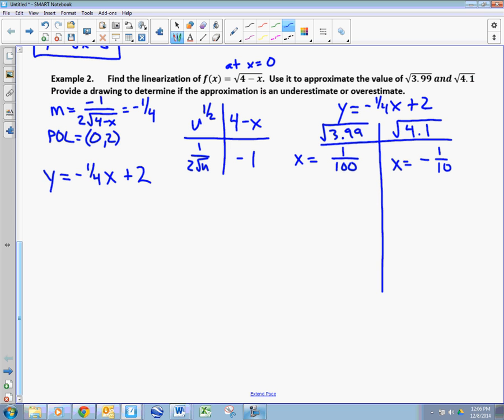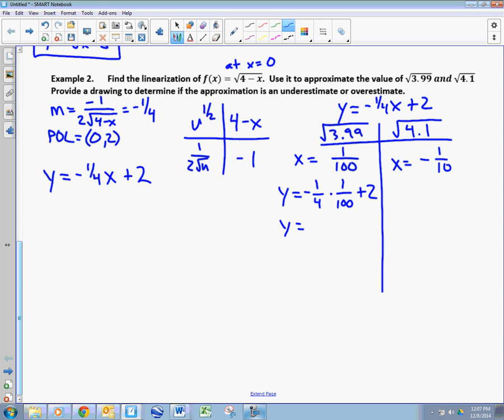So, the linear approximation is y equals negative 1/4 x plus 2, given whatever x value we have. So let's just do this. Y is equal to negative 1 over 4 times x. What's x? 1 over 100, plus 2.